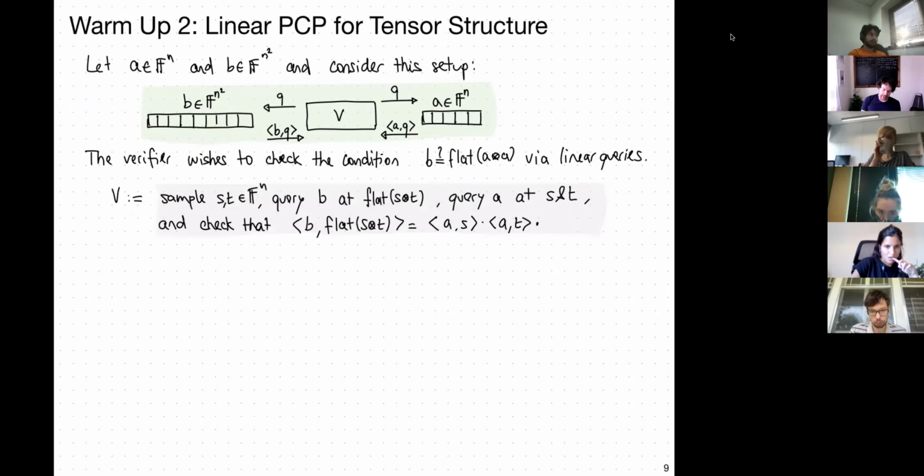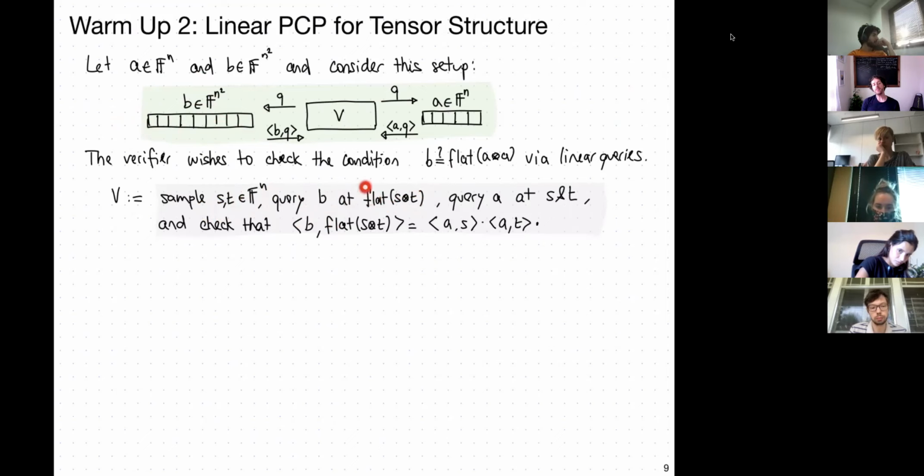So here's the idea. Again, it looks confusing when you just see it, but when we go through the completeness, we'll see why things are defined the way they are. So what we'll do is we'll sample these S and T, two field elements, and we'll query the quadratic terms vector at this tensor product of S and T, flattened.